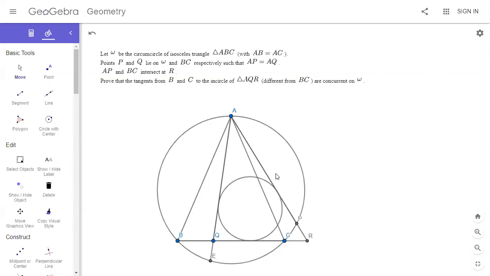So we know AP is equal to AQ from the problem, right? Is it obvious that AE is equal to AR? I'm wondering if that's just like a power of a point.